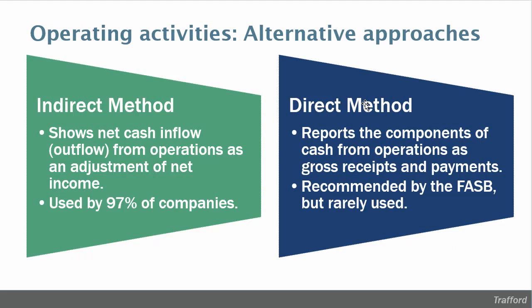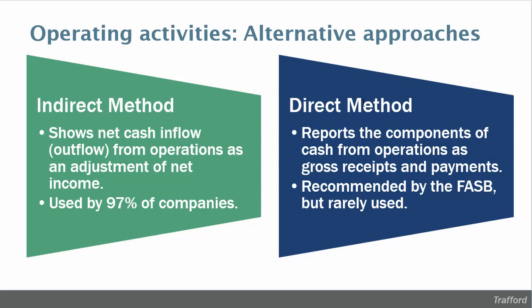Well, there's another format concept that I'd like to talk about a little bit here, and this applies just to the cash flows from operating activities section of the statement of cash flows. That particular section can be shown to users in two different ways.